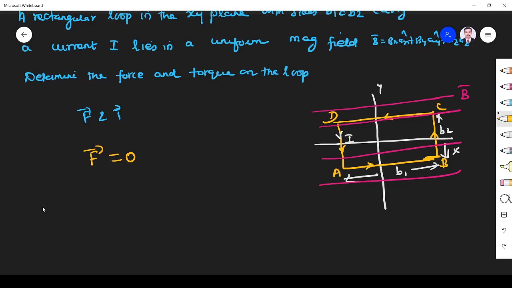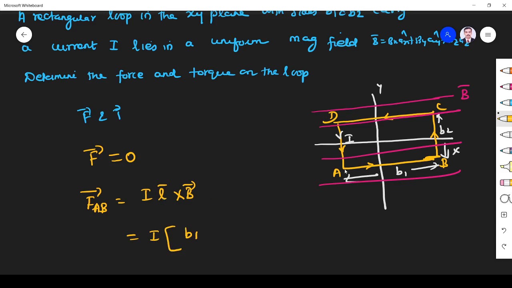What is the force along AB? Let us consider this loop as a conductor. The force on a conductor placed in a magnetic field is I L cross B. In AB, the current flowing is I and the length is B1, but L is a vector.